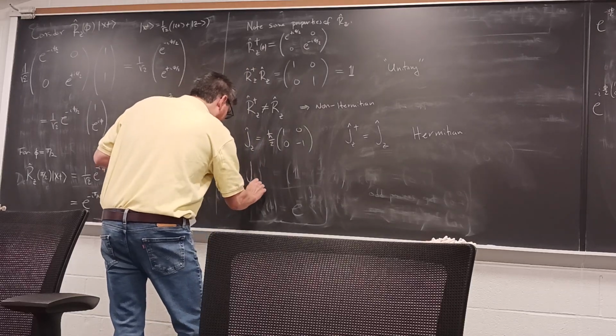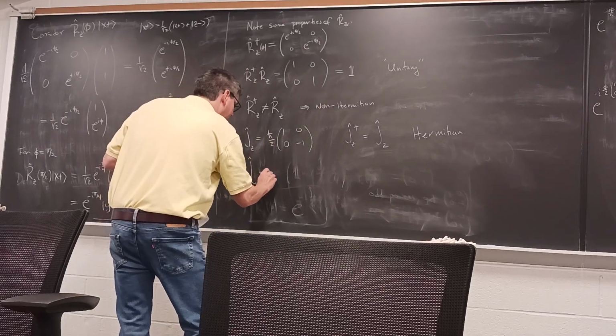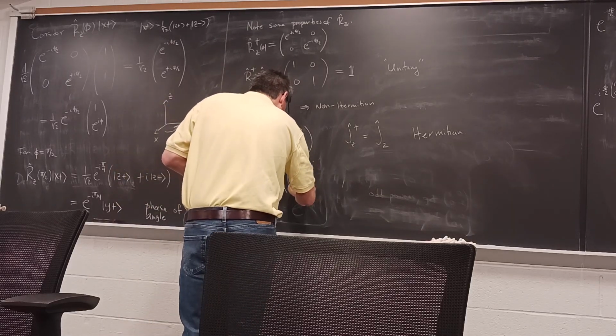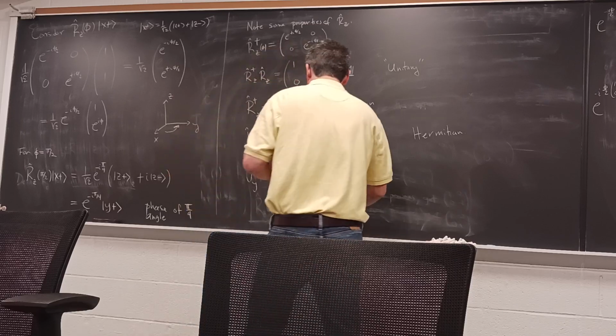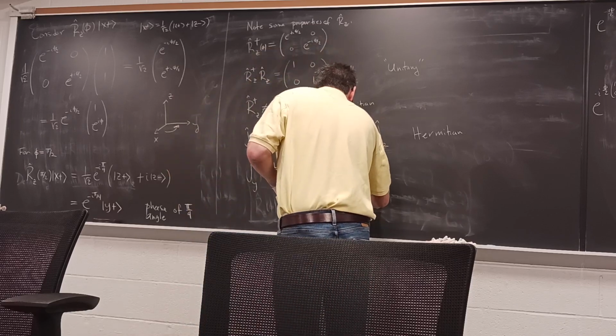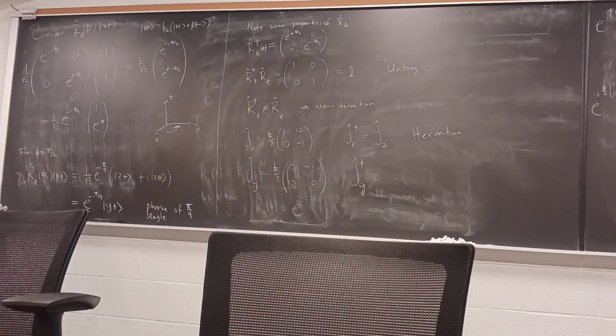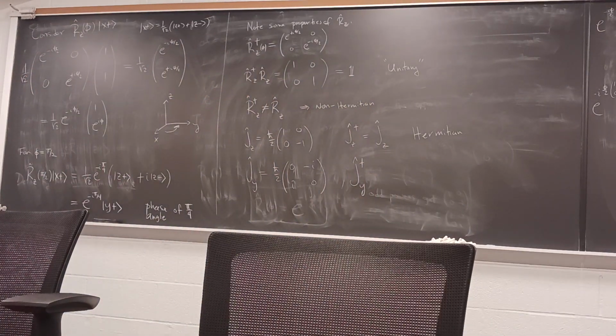Let's do Jy. So Jy hat is equal to h bar over 2 times 0, minus i, i, 0. So is this Hermitian? If I take the transpose and then conjugate, do I get the same matrix back? Yes.